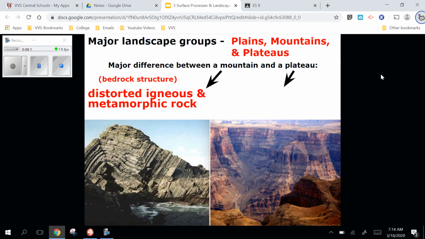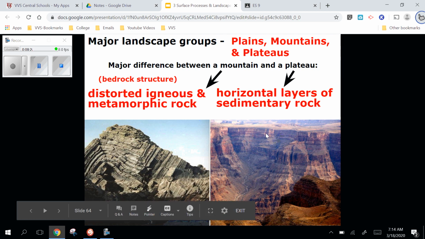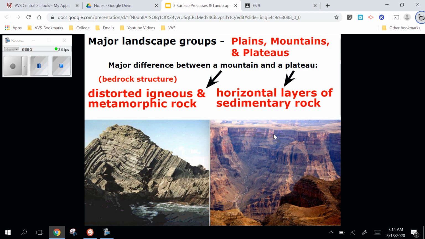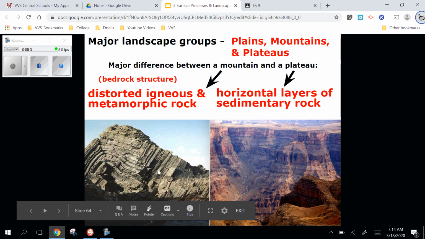Whereas in a plateau, even though on the outside it may look like a mountain, you're standing in front of it and it's tall, it's got steep sides, it looks like a mountain. But if you were to dig down into the ground, you can see this in the canyon walls, you can see these nice horizontal layers, as opposed to these distorted layers over here.